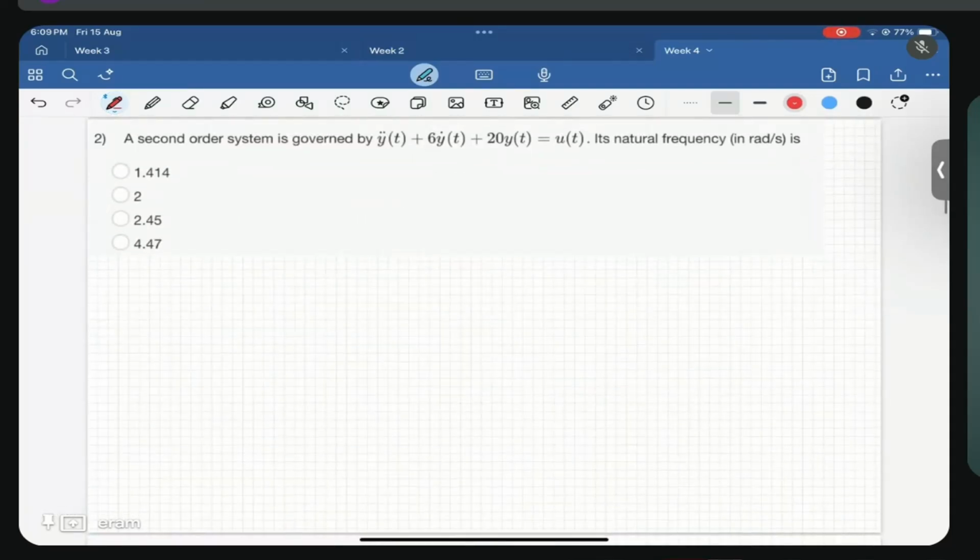Now here is the second question. For the second order system, identify the natural frequency.